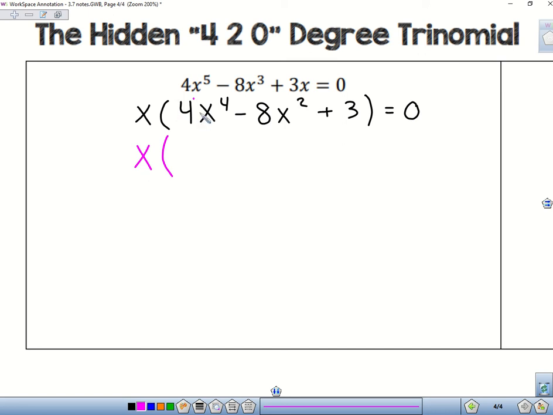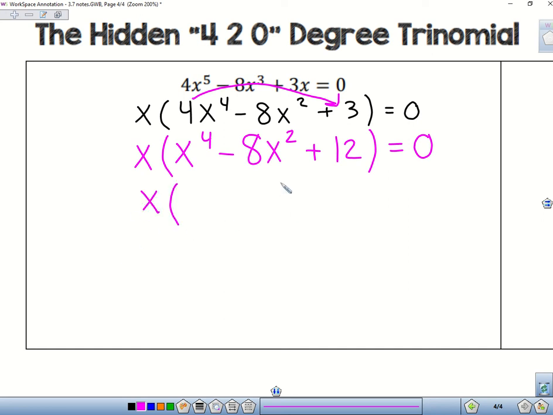I think somebody on virtual asked me this. This is where you use the AC method when this value is not 1, when you have an A term like this. So we multiply right here. This becomes x to the 4th minus 8x squared plus 12. That's where I multiplied the 4 and the 3 to get 12. And then you factor it like normal.